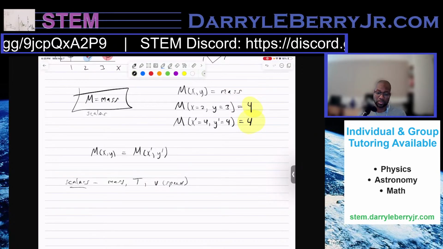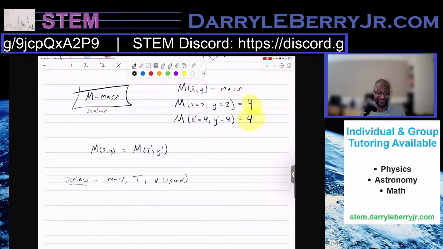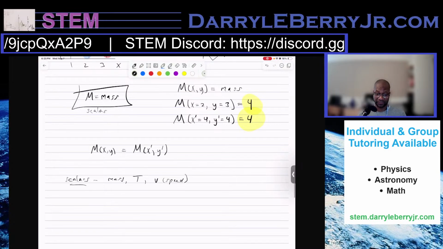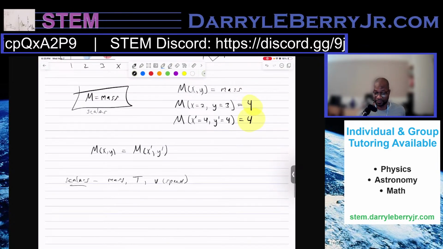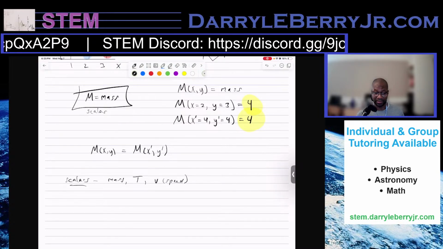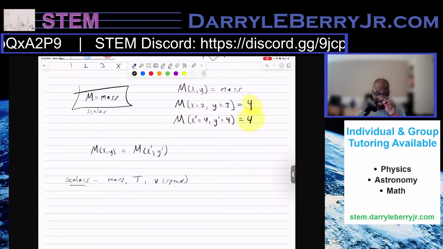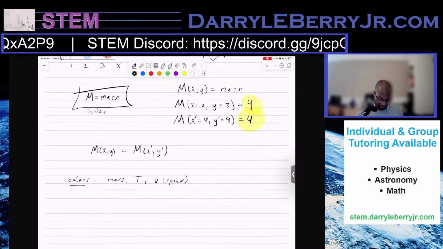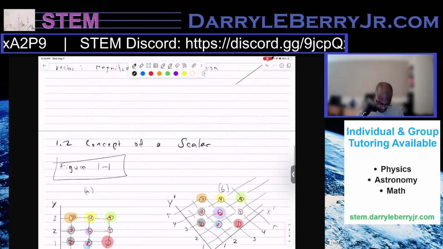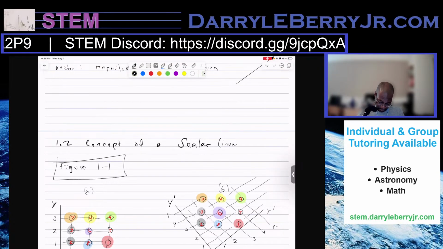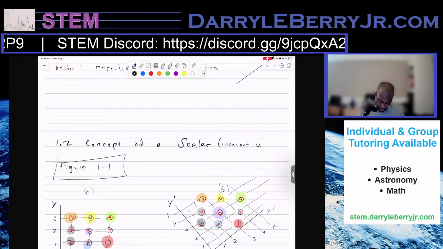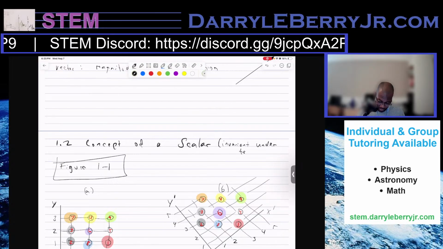The description of these more complicated quantities requires the use of vectors. Just as a scalar is defined as a quantity that remains invariant under coordinate transformation, a vector may also be defined in terms of transformation properties. So a scalar is invariant under transformation.